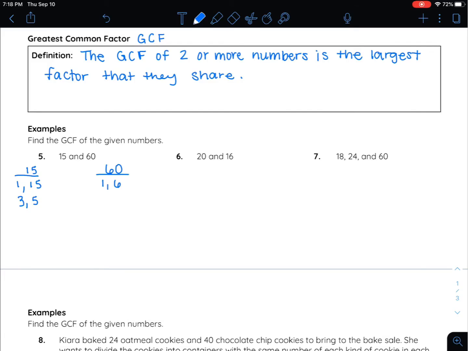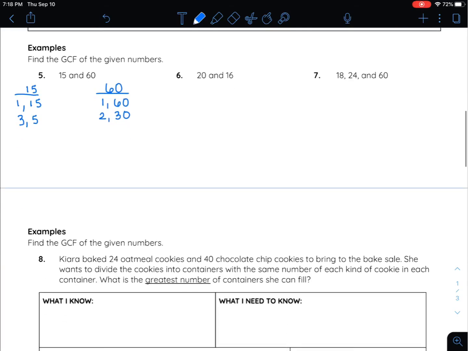How about 60? 1 times 60. 2 times 30. 3 times 20, because if you check, 3 times 2 makes 6. And then just add a 0, now it's 60. What about 4? This one actually has to do with time. 4 and 15 make 60. And 5 works too. 5 and 12.